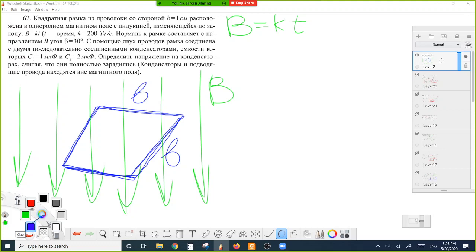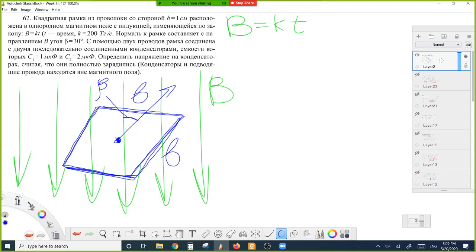And the angle between the normal of the surface of our loop and the magnetic flux density is given. Okay, not alpha, here is written beta.